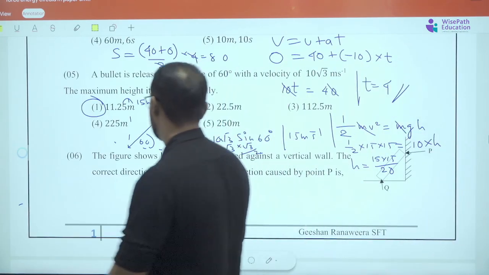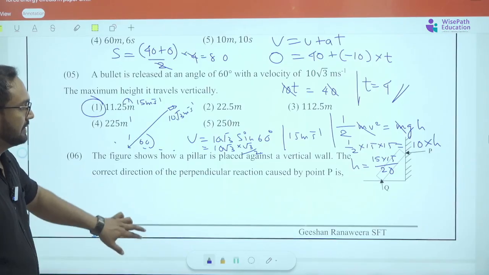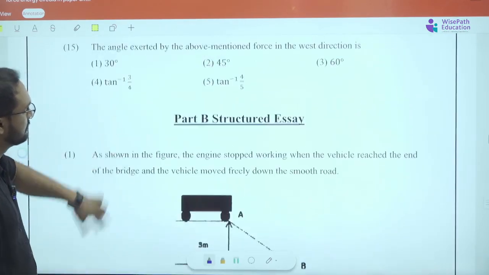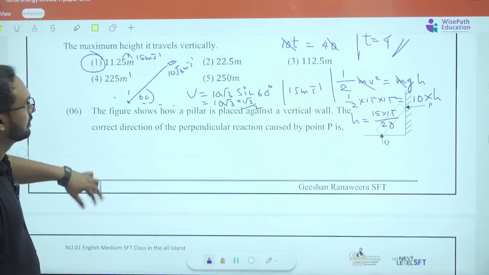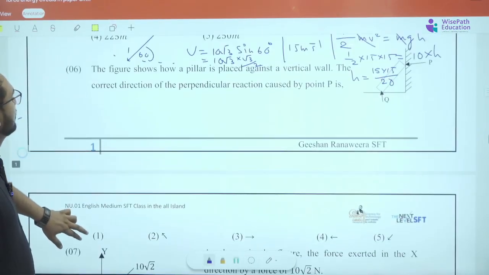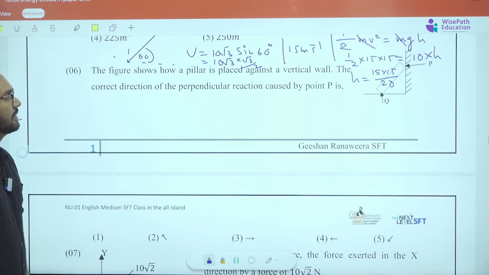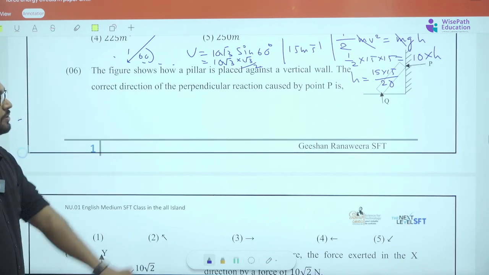The next question. The figure shows how a pillar is placed against a vertical wall. What is the correct direction of the perpendicular reaction caused at the point P?